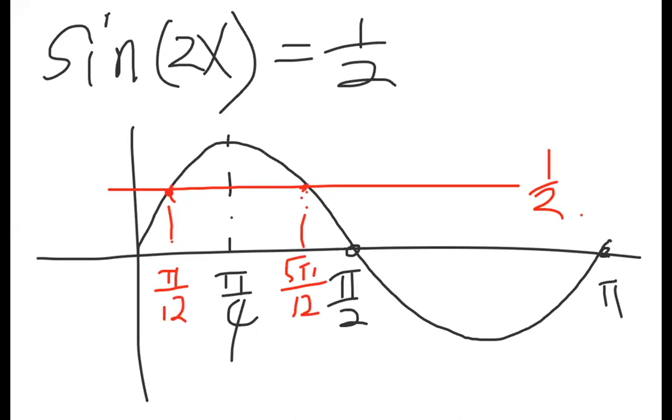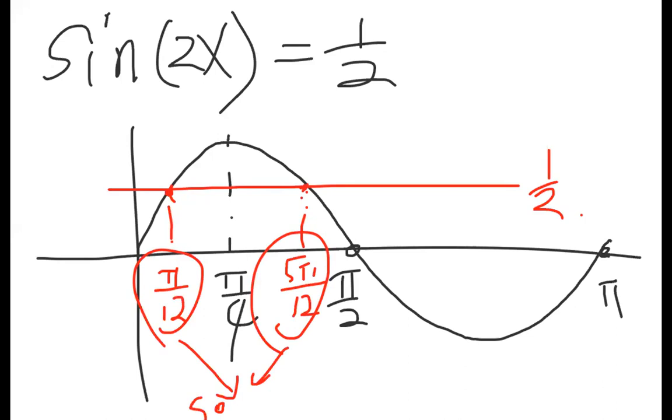So the solutions would be pi over 12 and 5 pi over 12. All right. Any questions?